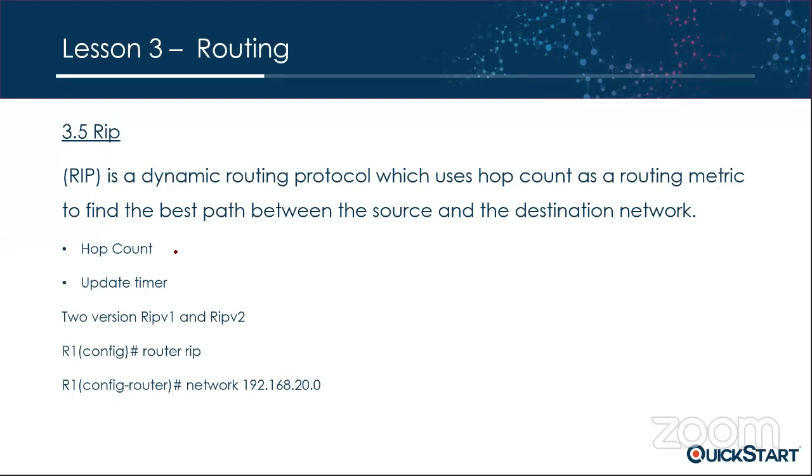If you send a hello packet to the other router, how long will it take to receive the acknowledgement? Based on that, they collect the information, update the other routers as well, and send the packet.